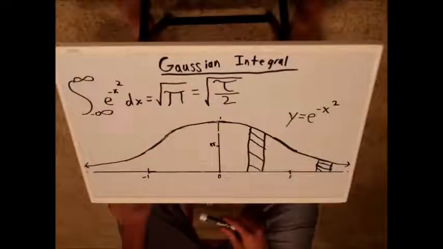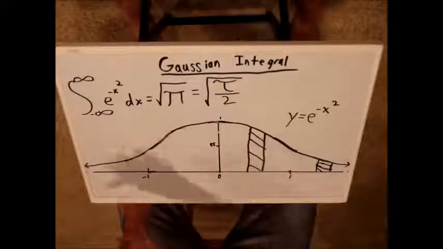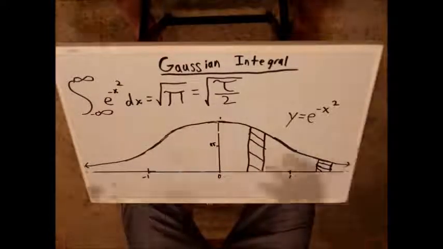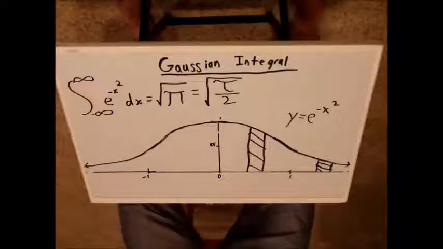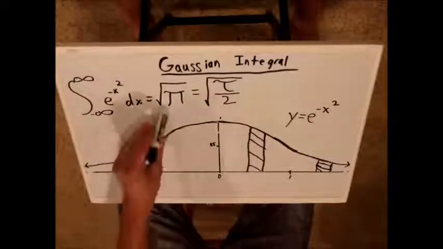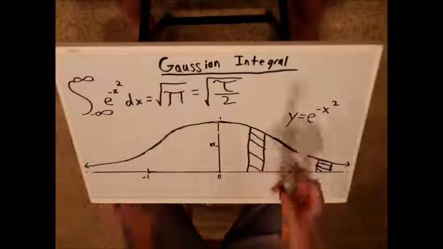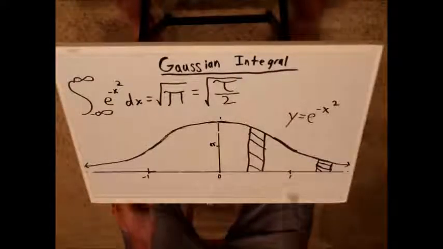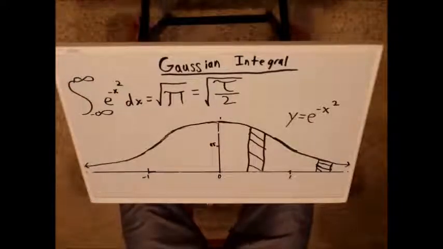But then what we're doing, with the integral, is finding the area of the curve throughout all real numbers, because obviously on both sides this is approaching zero. The integral does converge, and interestingly it converges to the square root of pi, although more appropriately the square root of tau divided by 2. So we're just going to see how we get there and see what happens.